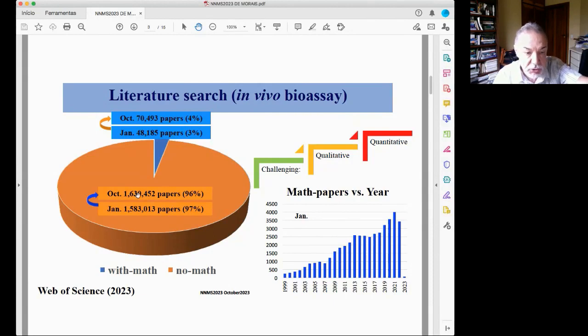But what is interesting in this data is that from all the papers published in this topic, we found that only in January, only about 3% of the papers included some kind of mathematical modeling of the data.